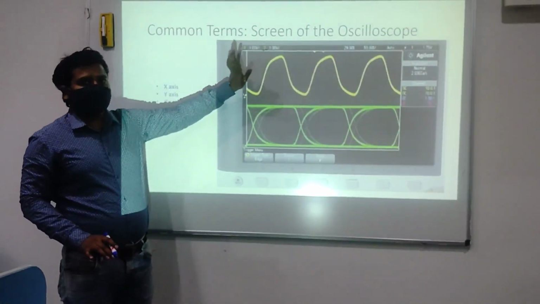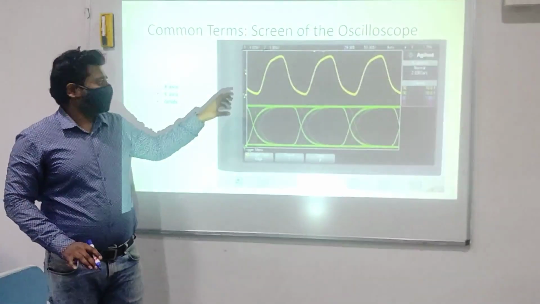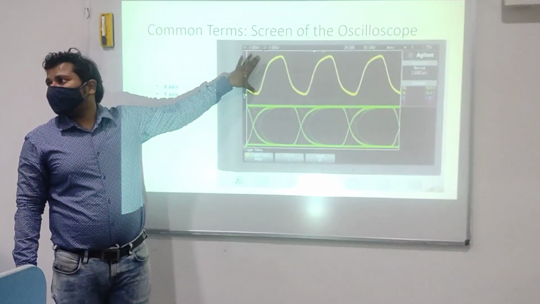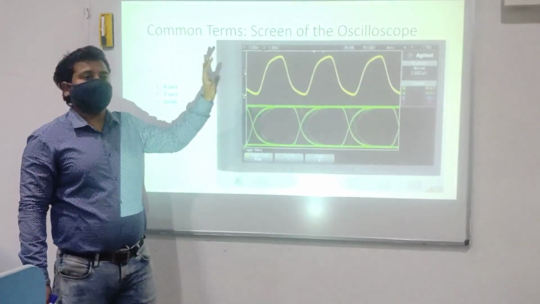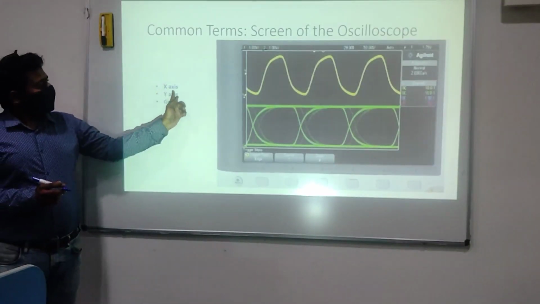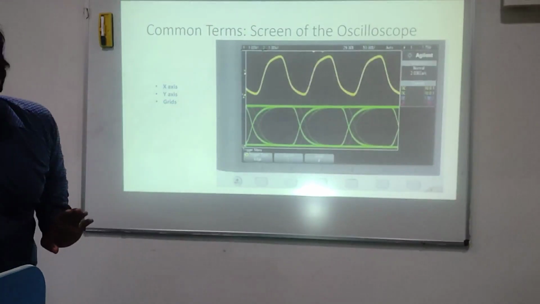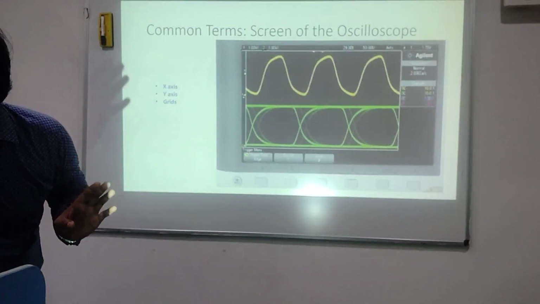Let it be for now and focus on this term. The first channel is showing 1 volt. What is this 1 volt signifying? Is this the amplitude of this waveform? Here it is not. You can see the x-axis and y-axis, and we talked about it. The oscilloscope is displaying a signal in time domain.